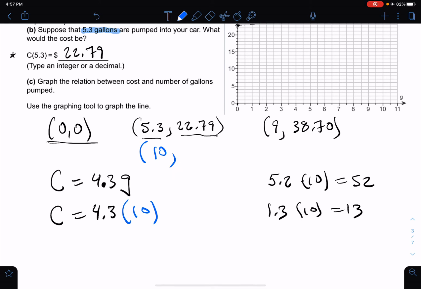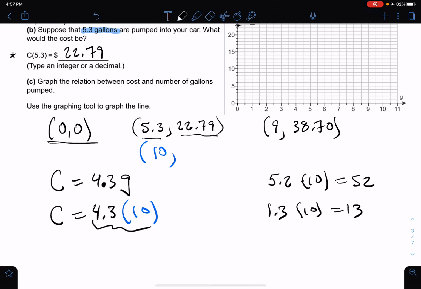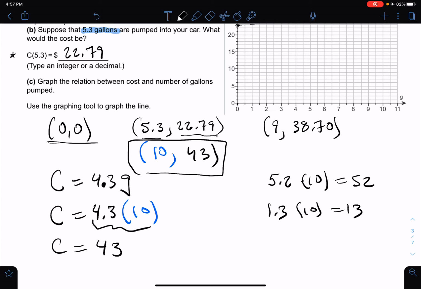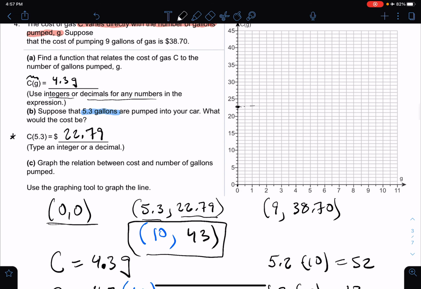So I've got 10 for gallons pumped, and what's that going to cost me? Well, 4.3 times 10 is 43. And now I've got some nice whole numbers. I tried that on MyMathLab, and bingo, it worked and said I was cool. So you kind of have to be tricky with it to make it work. A little bit annoying, right?